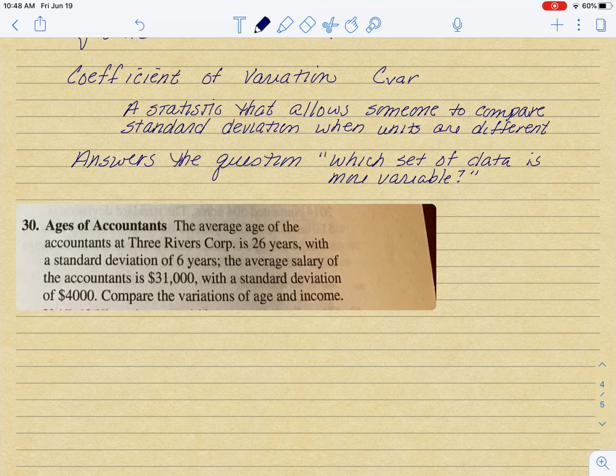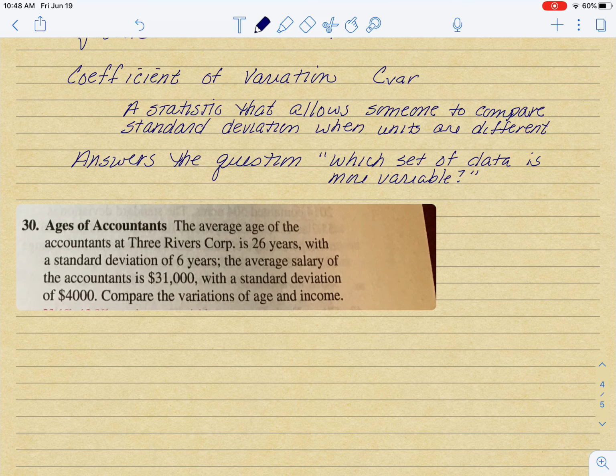So I would find the standard deviation for both, and we would do the CVAR and determine which was more variable, the height or the weight. So which measurement had more variation in it. Height would be in feet and weight would be in pounds. You couldn't normally compare those two things, but we can compare the variation this way using the CVAR.